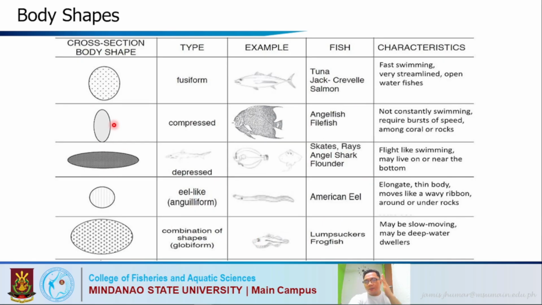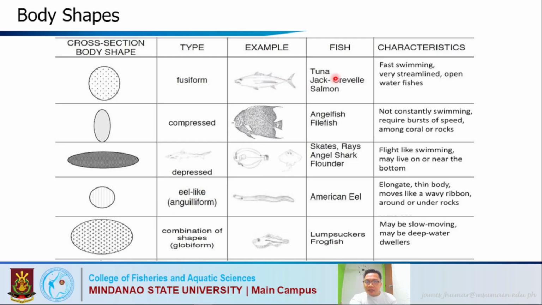I know you are all familiar with cross-sectioning. Cross-sectioning means we cut the body of the fish, and this is how it will look like if it is a fusiform. And this is a compressiform, this is a depressiform, this is the eel-like or anguilliform, and this is the combination of shapes. Sometimes referred to as globiforms like puffer fishes, frog fishes, and lumpsuckers.